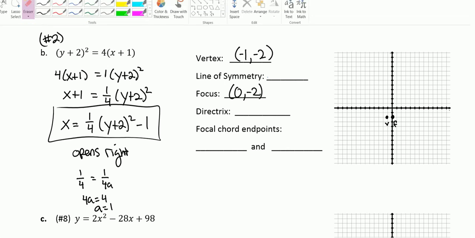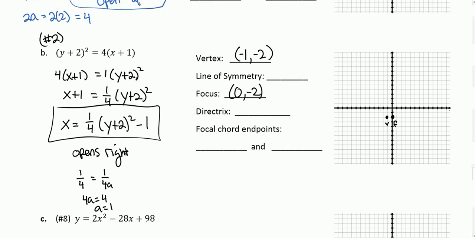The directrix is located on the opposite side of the vertex, same distance away, so this vertical line x equals -2. The focal chord endpoints line up with the focus and are a distance of 2a from the focus, which in this case is 2 times 1, or 2.